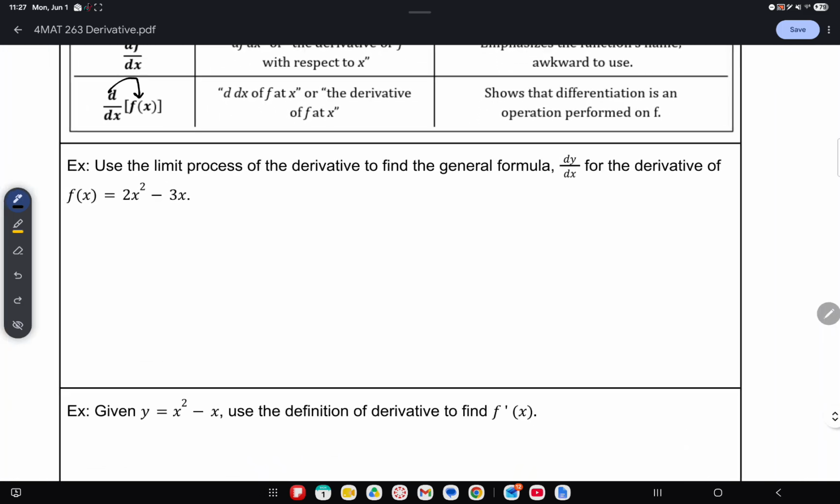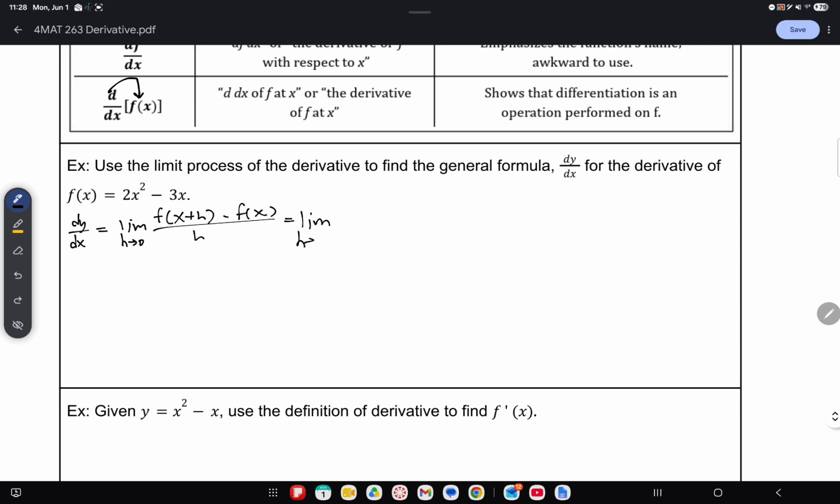So let's use the limit process of the derivative to find the general formula for dy dx. So dy dx is the limit as h goes to 0 of f of x plus h minus f of x all over h. So let's substitute it with our formula.